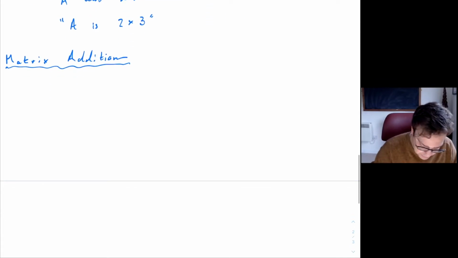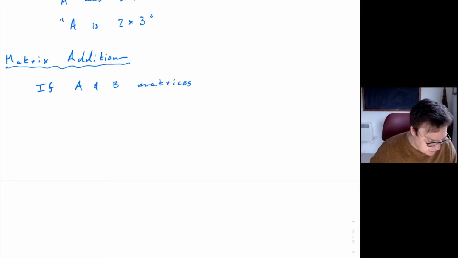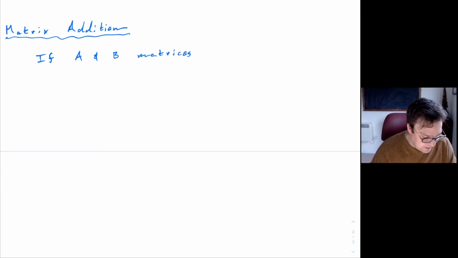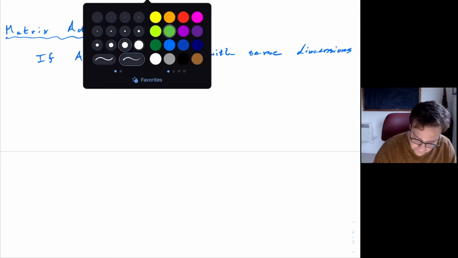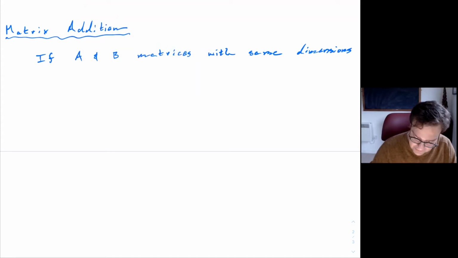Right, and matrix addition works like this. Let's say you have two matrices, A and B. These guys are both matrices with the same dimensions. That's kind of important. It's pretty crucial, actually. Without this, the definition doesn't work.